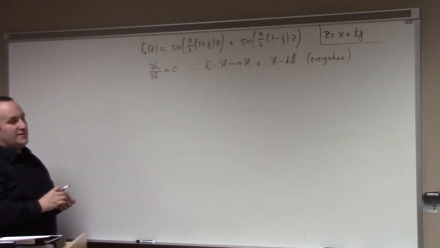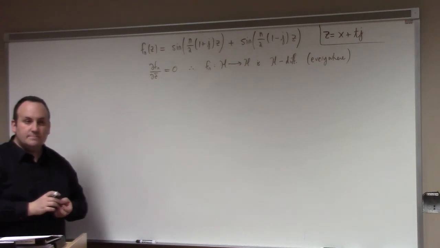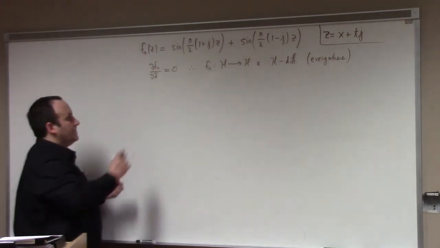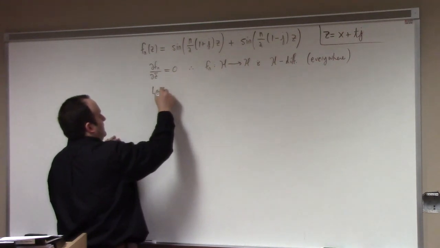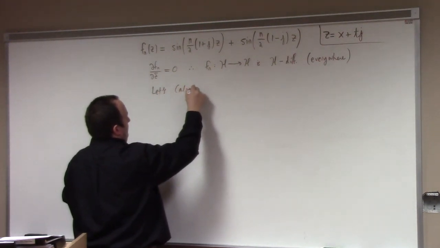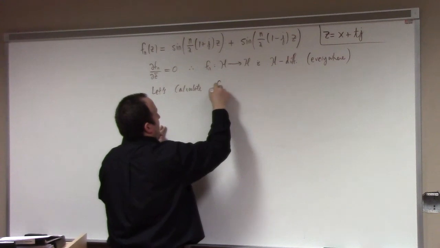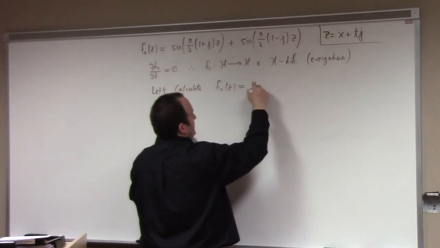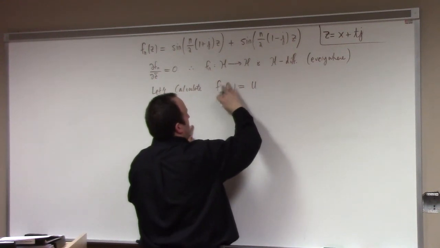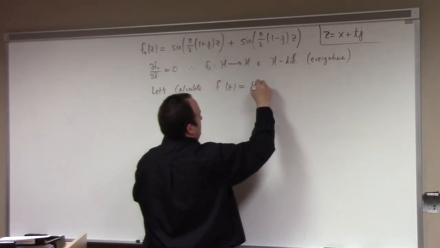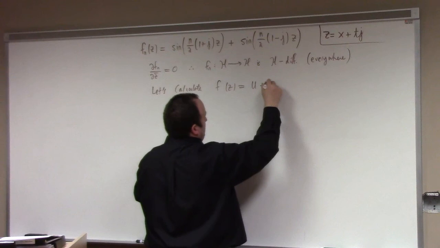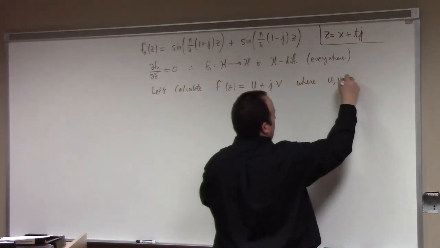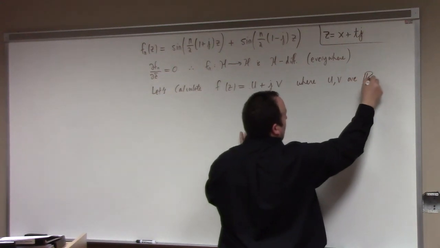So what are its component functions? Let's calculate. f_n of z equals u, and let's drop the n. Let's calculate u plus jv, where u and v are real valued.